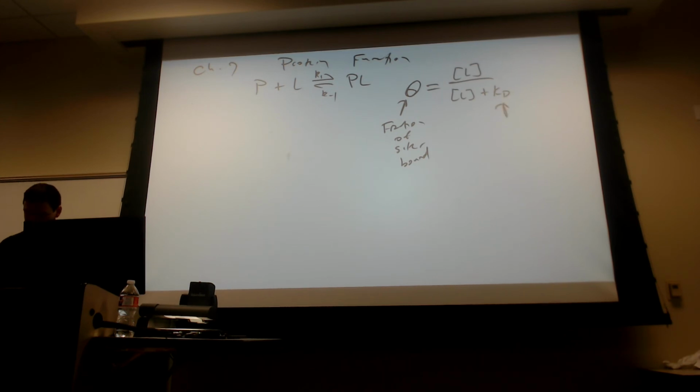Remember, KD is K minus 1 divided by K1, so it's those terms wrapped up together. The lower the KD, the higher the affinity of a ligand or a protein for itself.